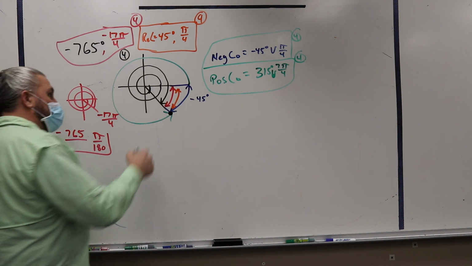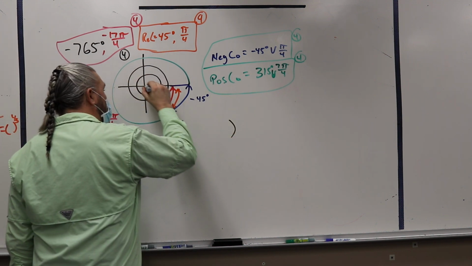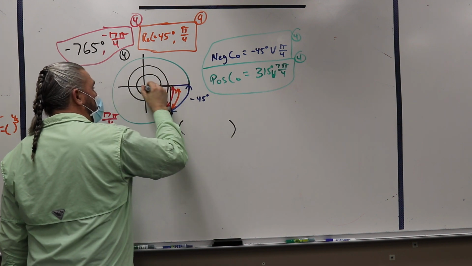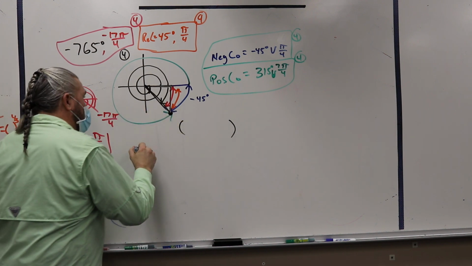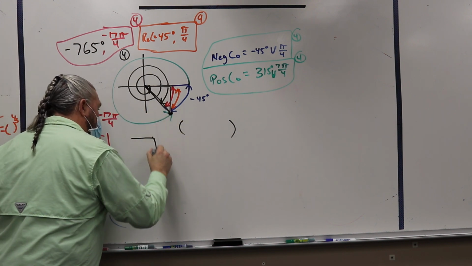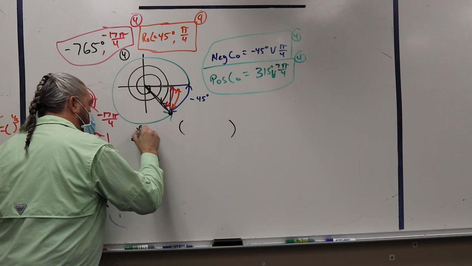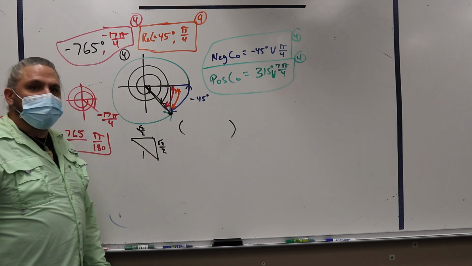When I look at these coordinates, I'm thinking of this triangle. So this triangle goes this way. Remember, this is a 45-degree triangle. So this is square root 2 over 2, this is square root 2 over 2, and this is 1.